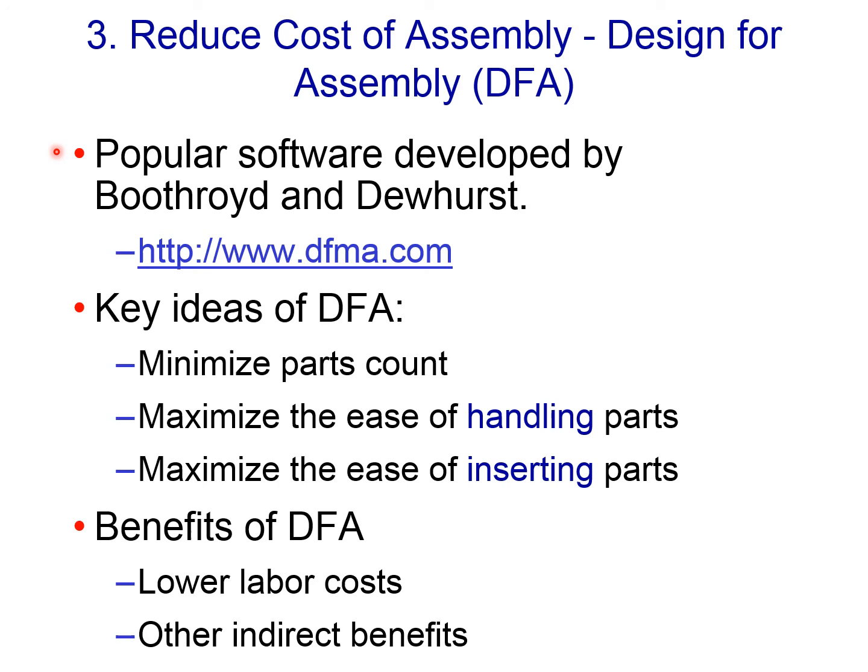The method estimates the time it takes to assemble parts together based on their geometry. The basic idea for design for assembly is that we are minimizing the parts and maximizing the ease with which they go together.